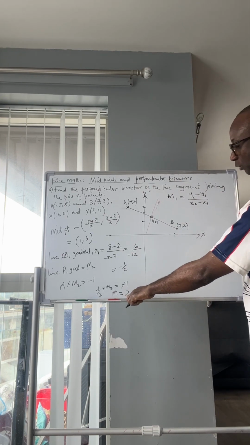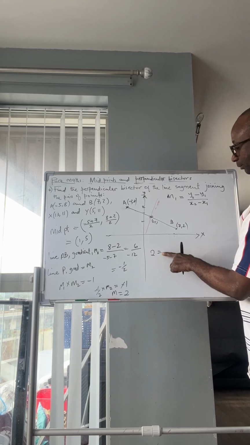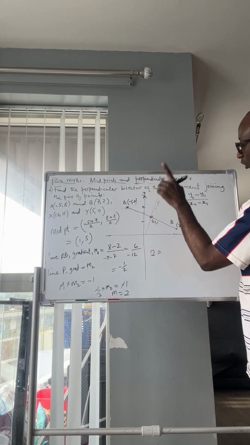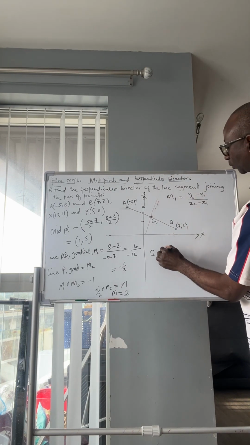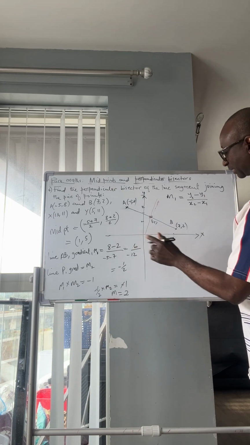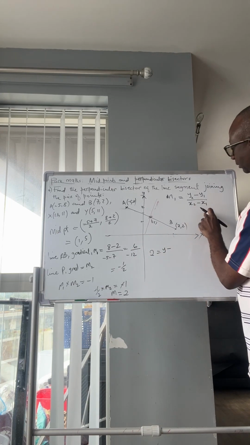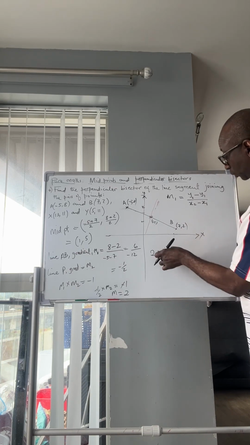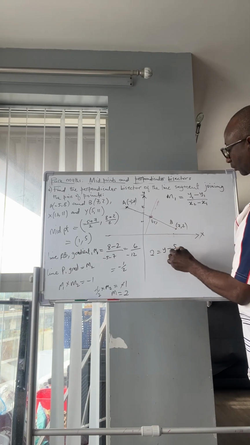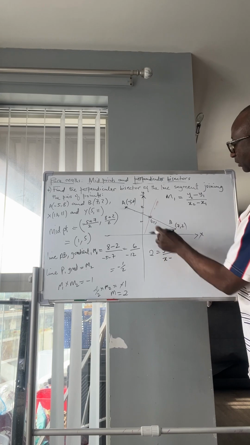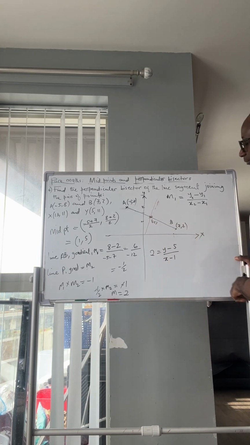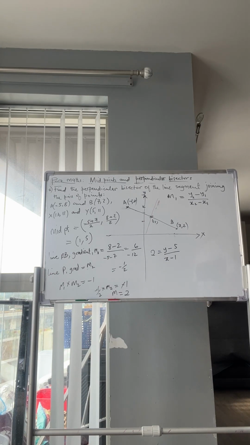So if the gradient of this one is 2, then y minus y1, which is 5, all over x minus x1, because this line passes through that point.